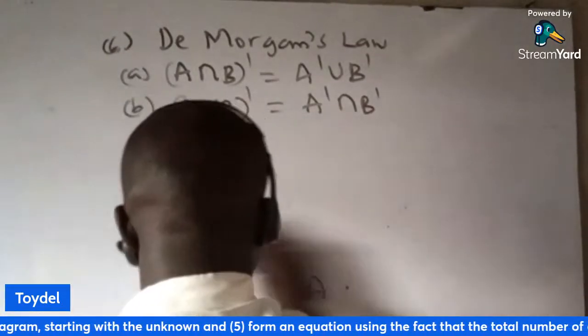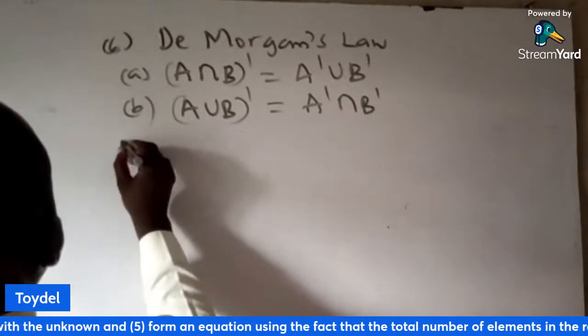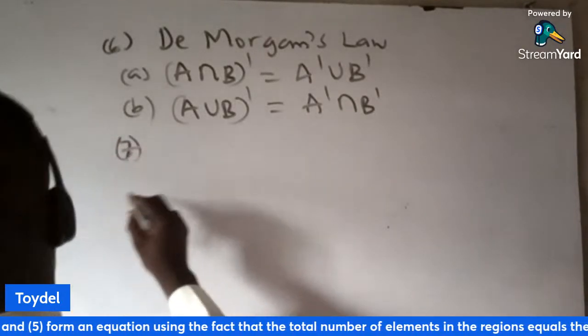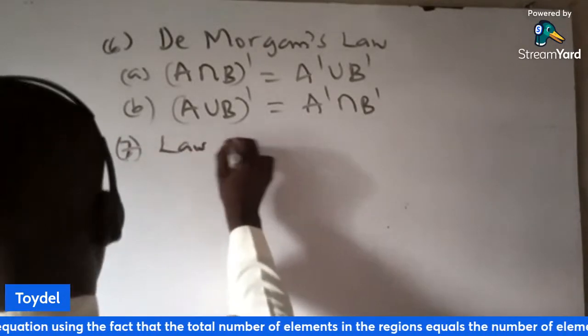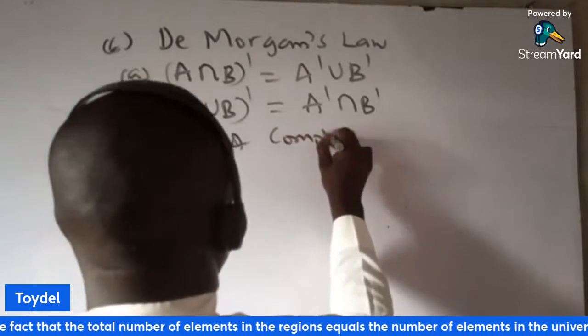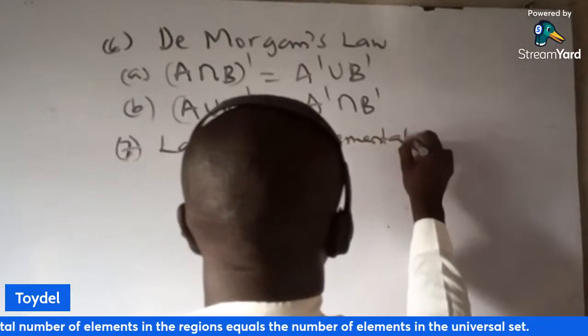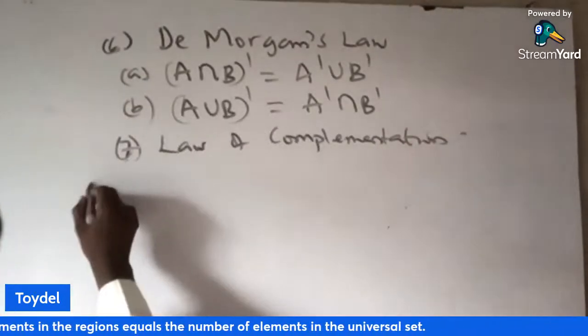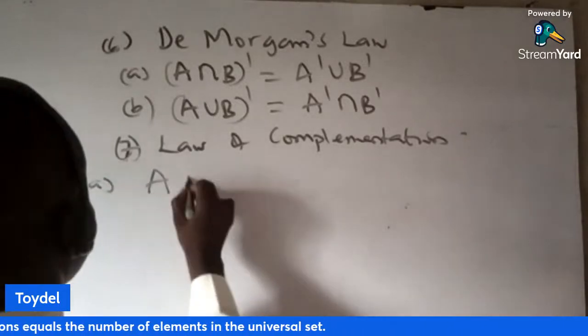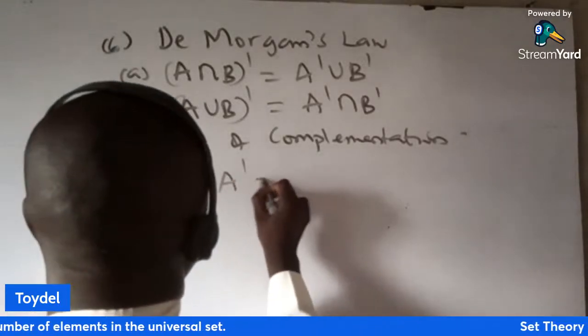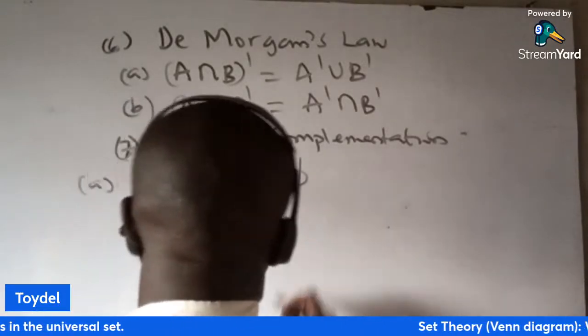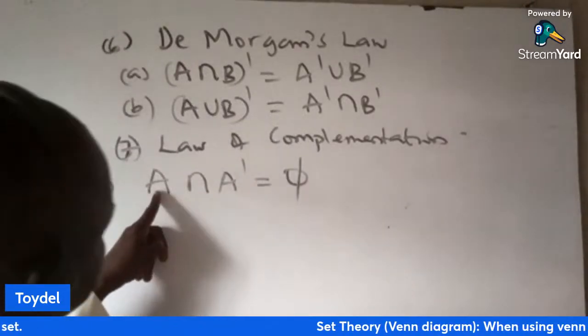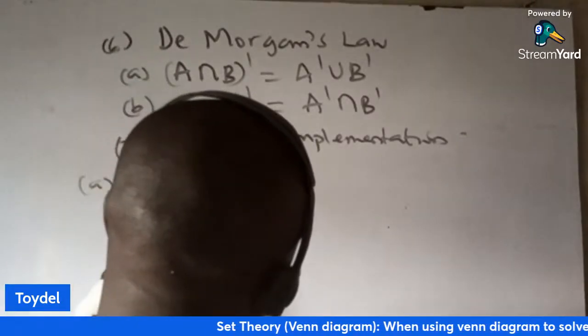Then the seventh law, all these laws are verifiable. It's something you can verify. It's called the law of complementation. The first one is when you have A intersection A prime, it's going to give us the empty set.